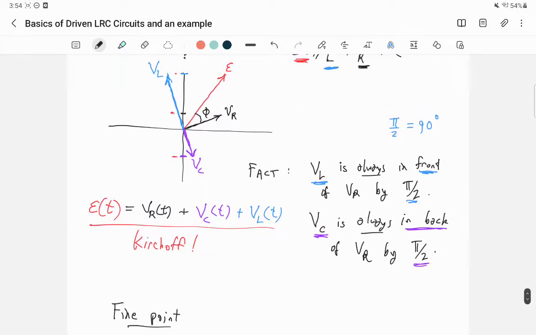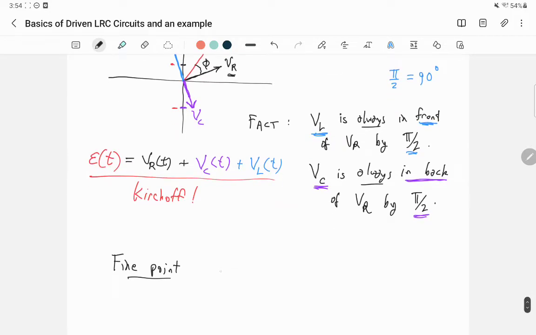So I just drew for you. Can you see that this V sub R is lagging behind the driver voltage by the phase angle phi? So what that means is that V sub R is going to be some amplitude, so I'm going to put V sub R max, right?